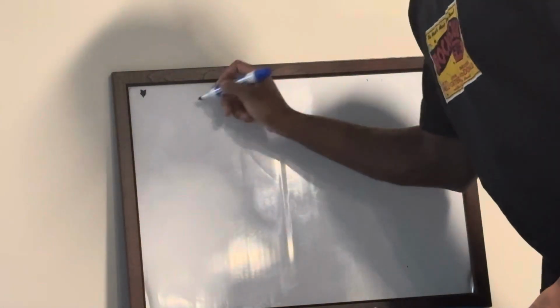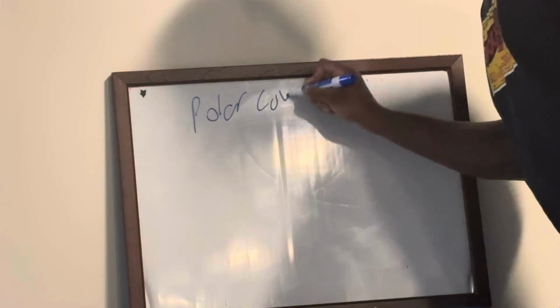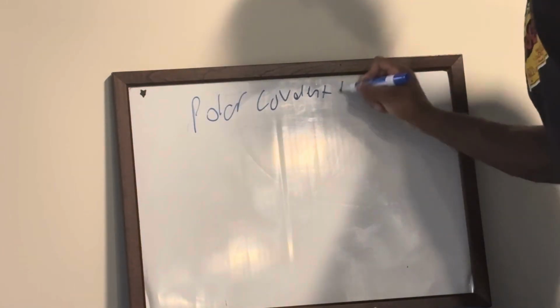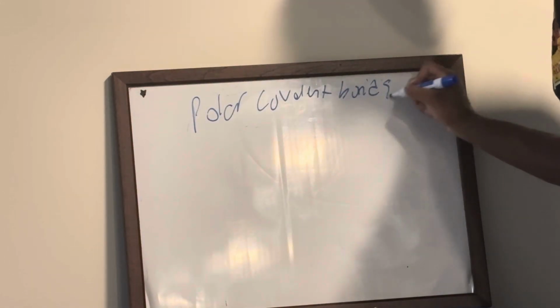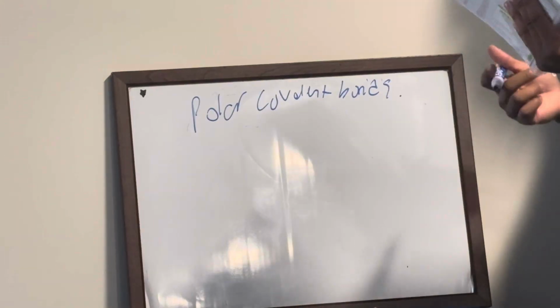Now we'll do polar covalent bonds. Polar covalent bonds are just unequal sharing of electrons.